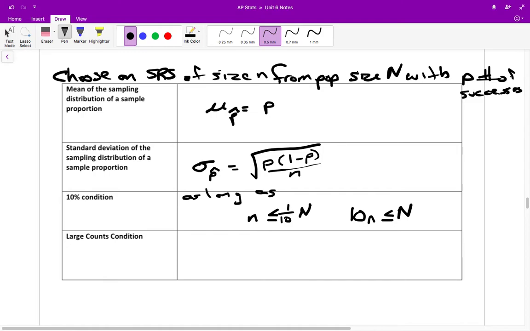So last thing is the large counts condition. What this is talking about is that as n increases, the sampling distribution of p-hat becomes approximately normal.